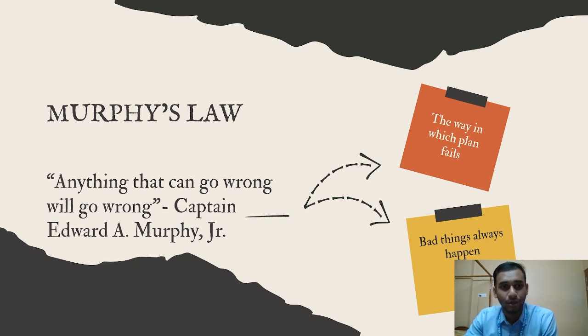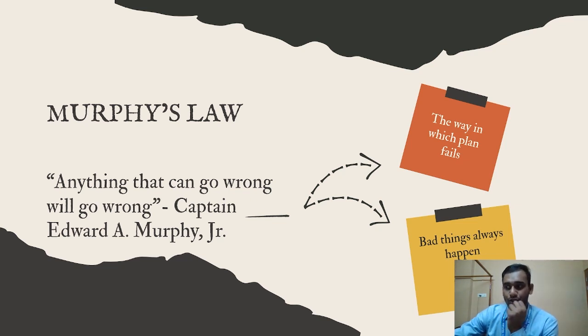Okay, so what was he referring to? If something was supposed to go very wrong, it will anyhow end up being wrong. No force in the world will be able to stop it, like the way in which a plan fails. So in what context did he say this?